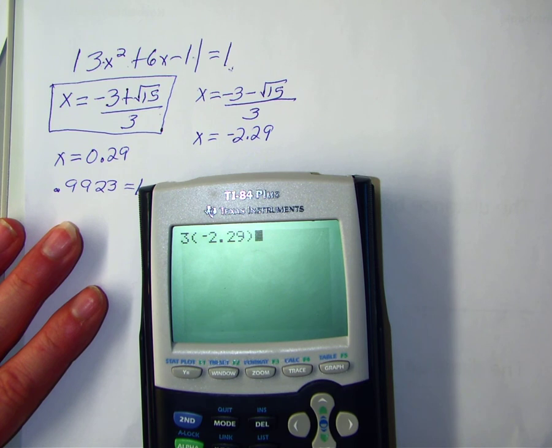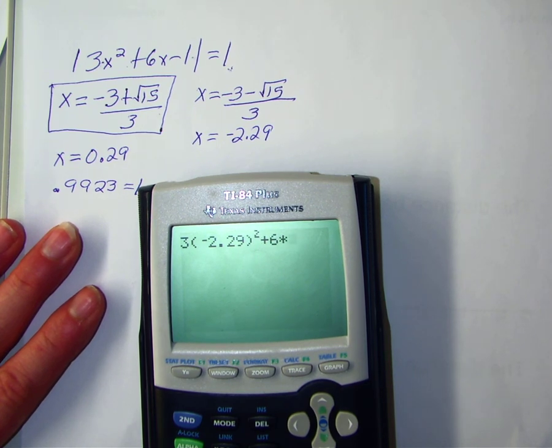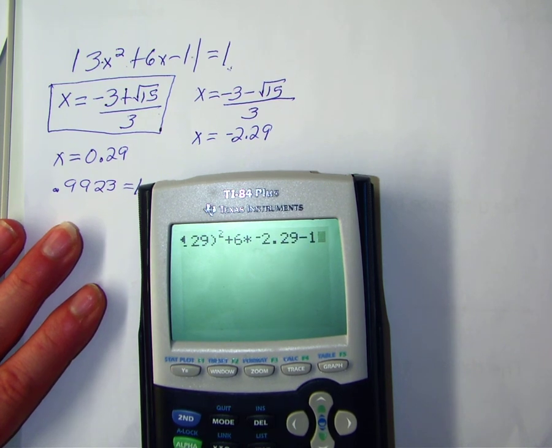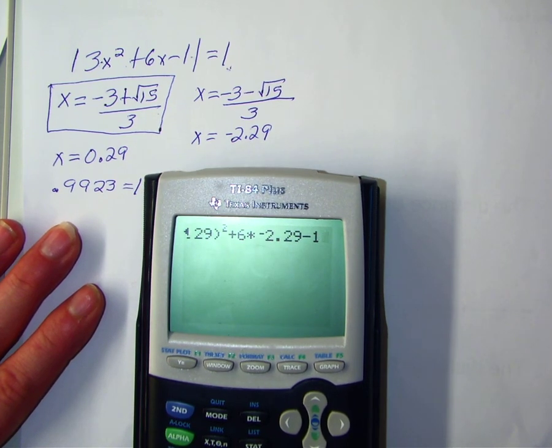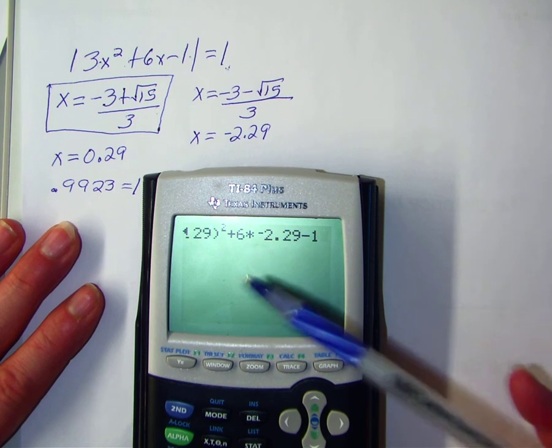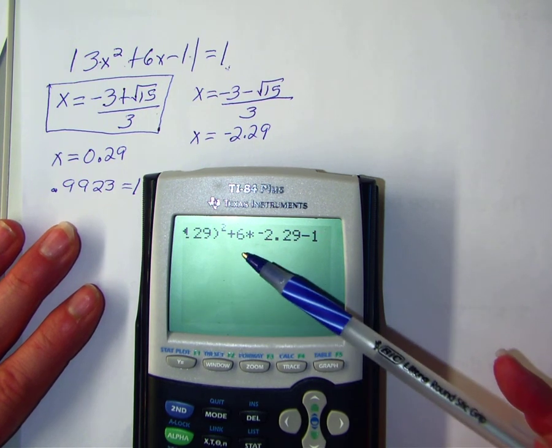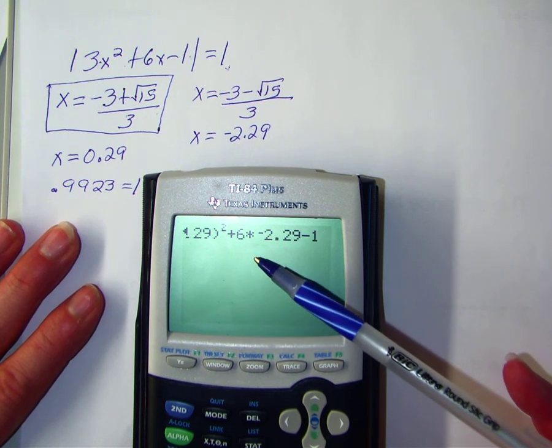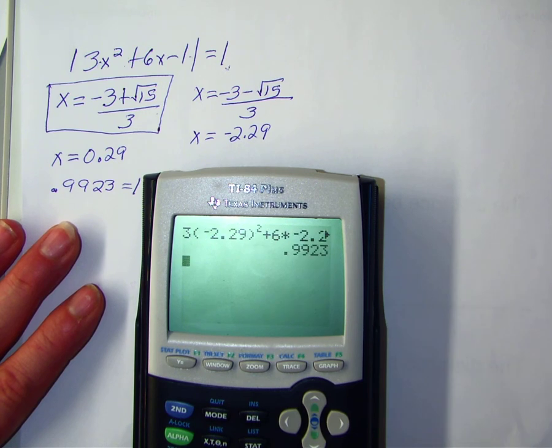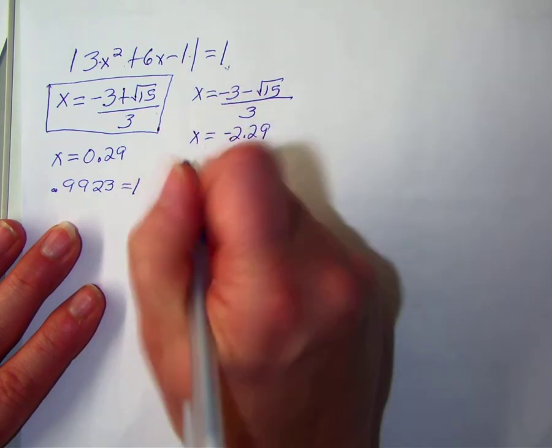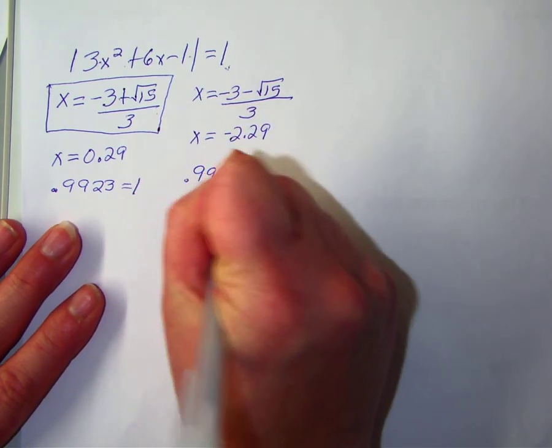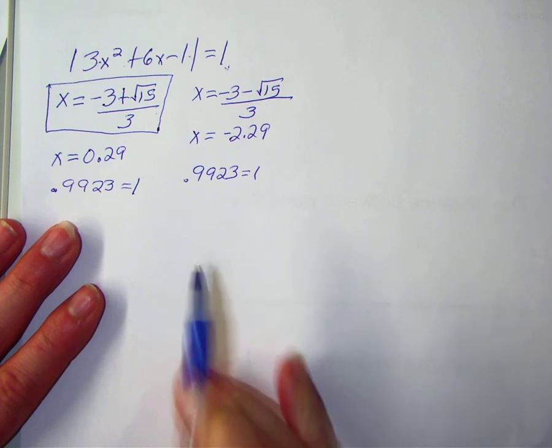All right, so 3 times -2.29 inside parentheses squared plus 6 times -2.29 minus 1 is equal to, again, positive 0.9923. And so just as before, I'm going to say, well, due to the rounding error, this is approximately 1, and yes, this is the solution.